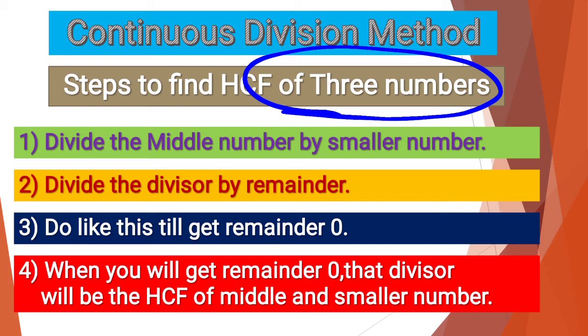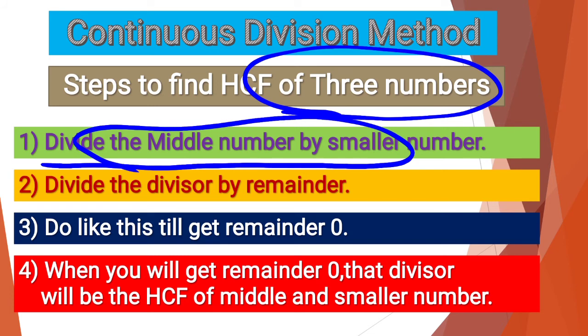The first step says to divide the middle number by the smaller number. At first we have to understand which number is bigger, which is middle, and which is smaller. Then we divide the middle number by the smaller number. This is the first step. Then we follow the same method, the same steps.